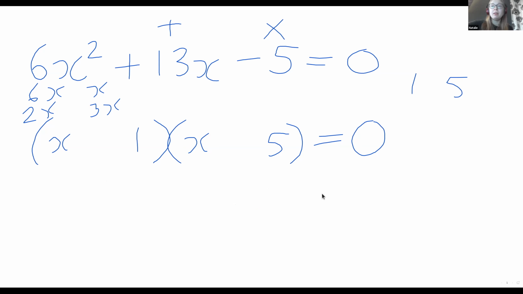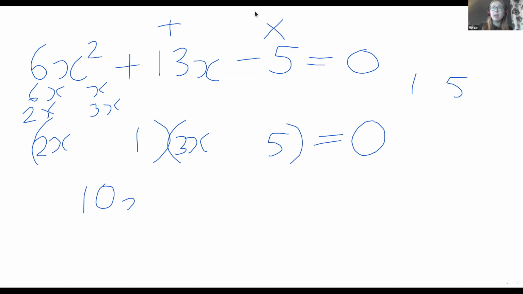I think it's going to be the 2x and the 3x. Let's have a go at that. So 2x times 5 would give me 10x, and 3x times 1 is going to give me 3x. Again, there's no way I can subtract those to make 13.